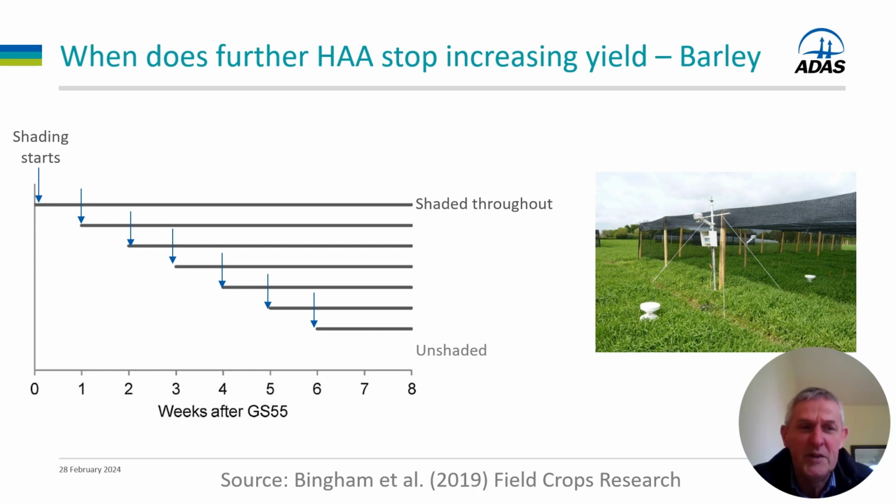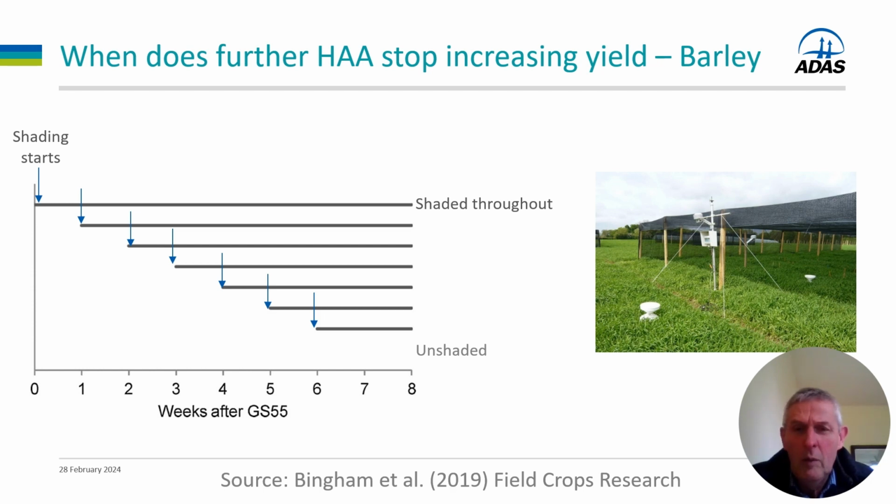But of course, disease doesn't really behave like that. So we had to find a surrogate for disease that would mimic the effect of disease on the amount of health area absorption that the canopy was obtaining from solar radiation. So I'll just explain the experimental setup before we have a look at the results.